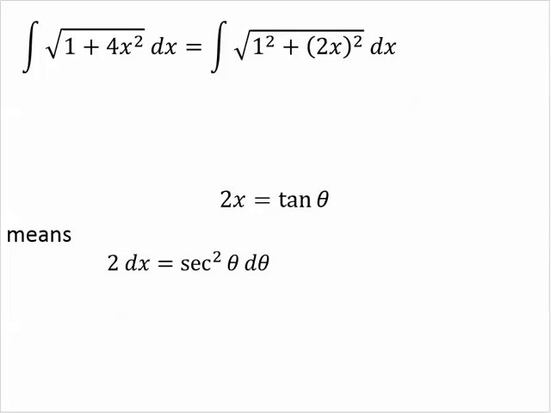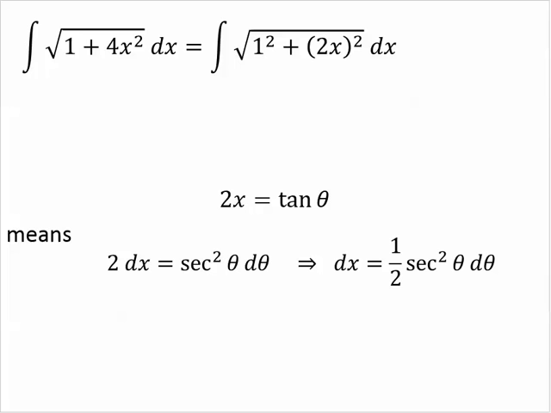The differential of 2x is twice of dx because the derivative of 2x is 2. The differential of tangent theta is secant squared theta d theta. Okay, solve for dx. Dx would be half of secant squared theta d theta.